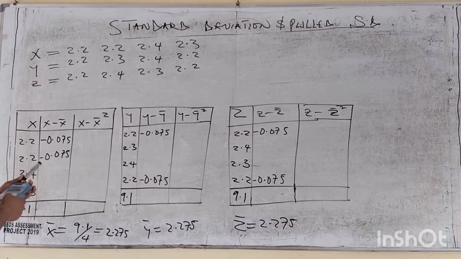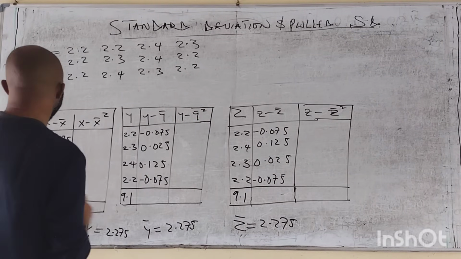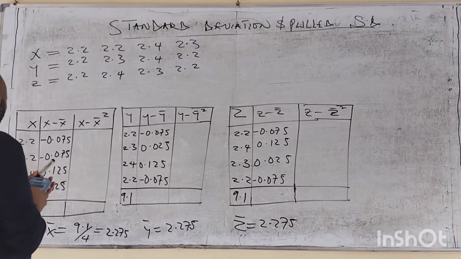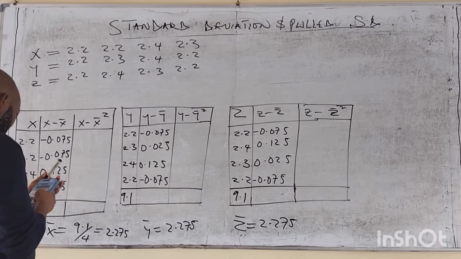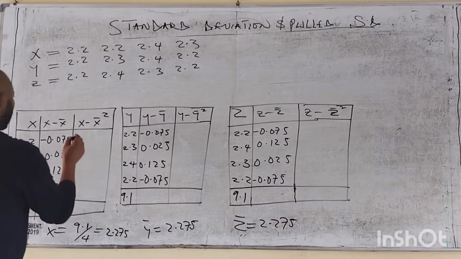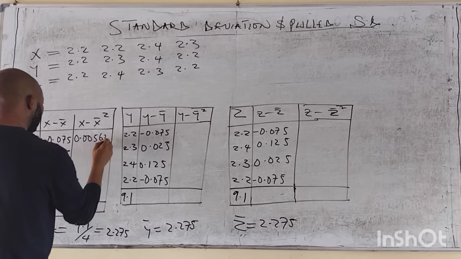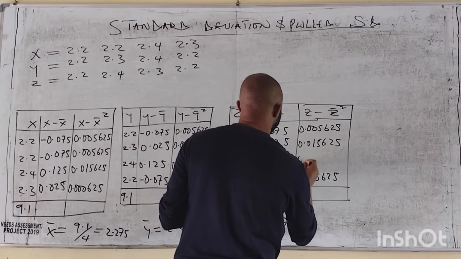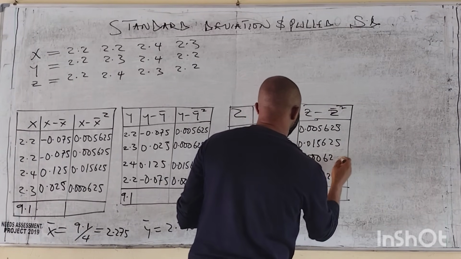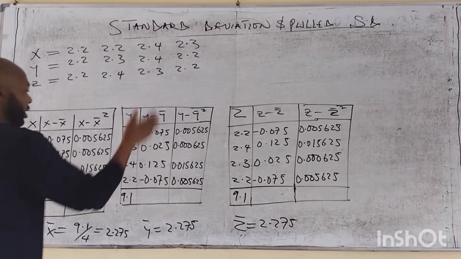Now let's square the 2.2 minus 0.075. 0.075 squared is 0.005625, which means the summation here will be the same here and here.